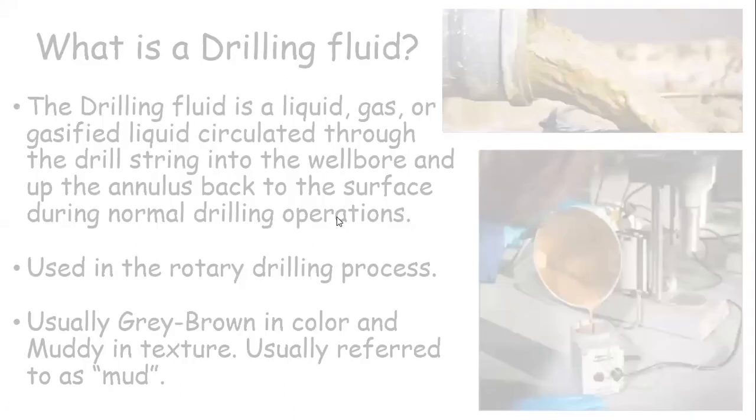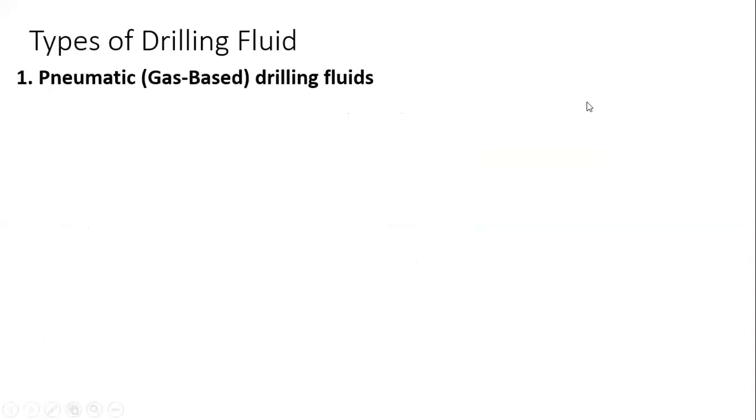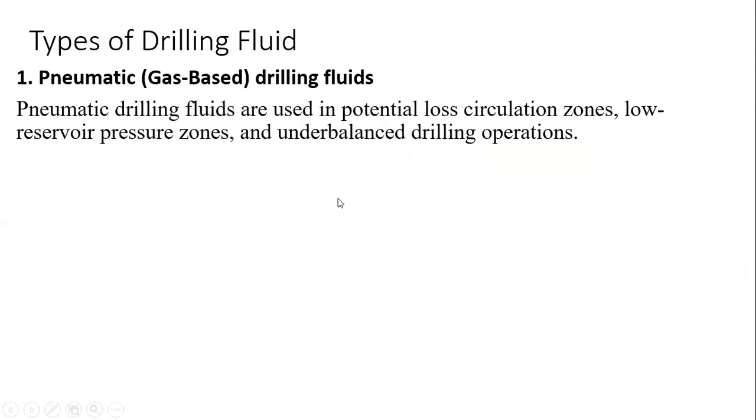So let's move on to the types of drilling fluid. Remember we said that it could be gas, liquid, or gasified liquid. The first type is the gas-based drilling fluids. They are normally a combination of gases and mist.